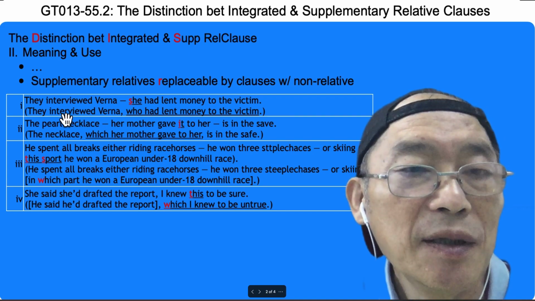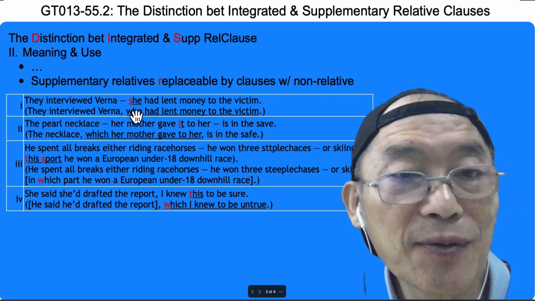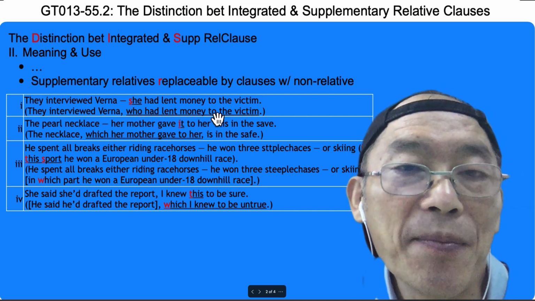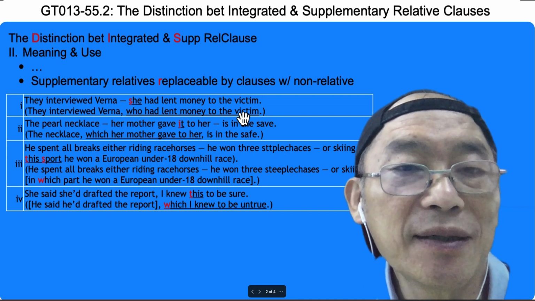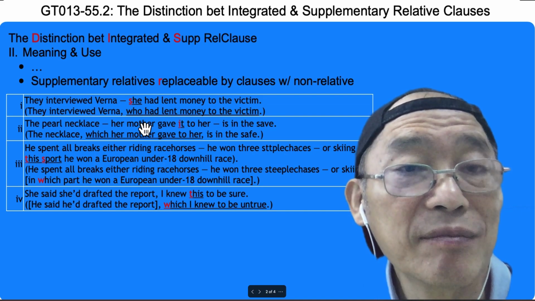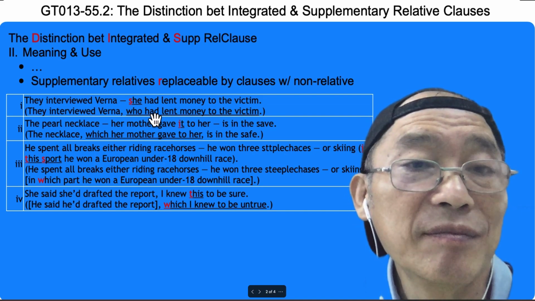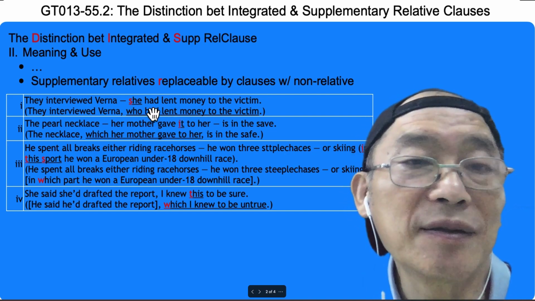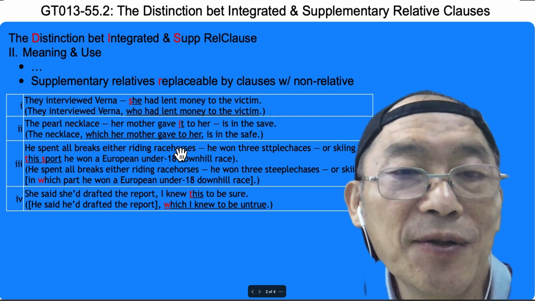So, they interviewed Werner, she had lent money to the victim. She, so it's not a relative clause.